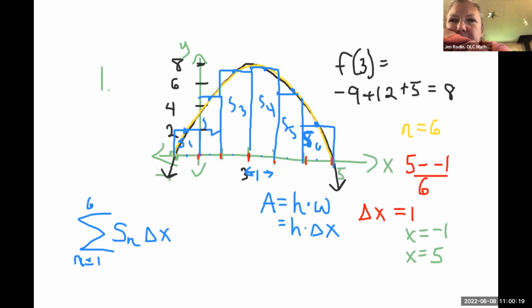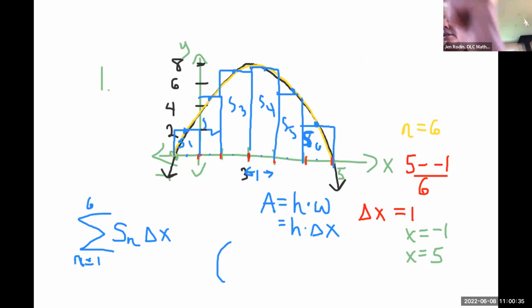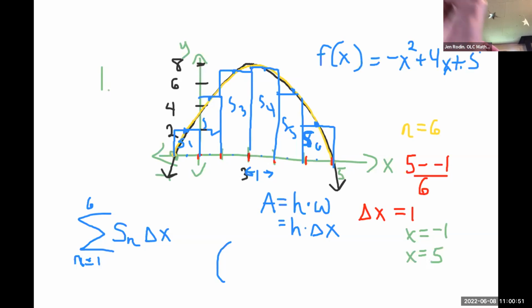So let's see. The first one looks like the heights are, oh, we can find them exactly. So let's do that. I was going to estimate like in that last picture, but no, let's do that exactly because there's only 6 of them. So f of x equals negative x squared plus 4x plus 5 is our function. The first one is going to be f of a half.